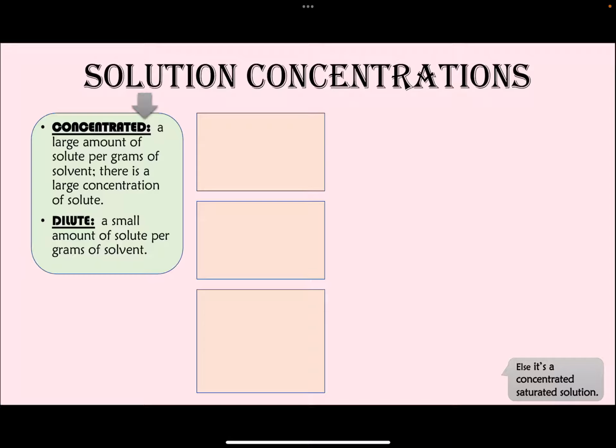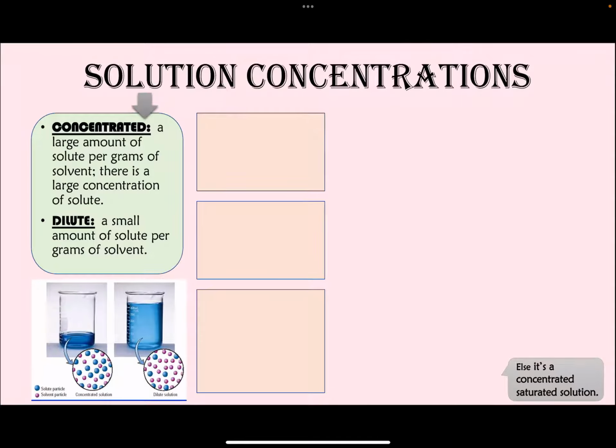We say that a solution is concentrated if we have a lot of solute dissolved in our solvent. However, if there's a smaller amount of solute dissolved in the given amount of solvent, then we say that the solution is dilute. So concentration is really how much of the solute we have dissolved in a given amount of solvent.